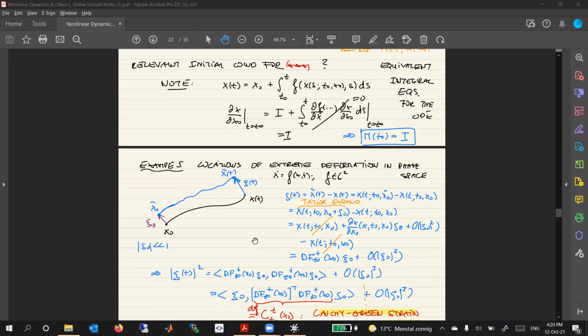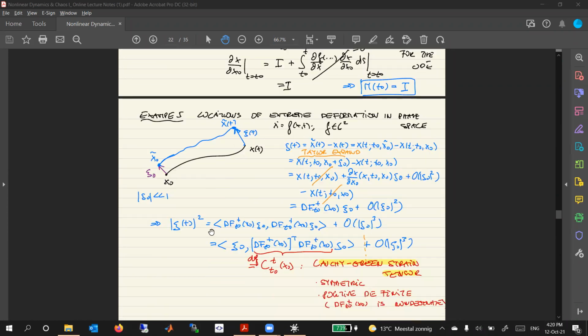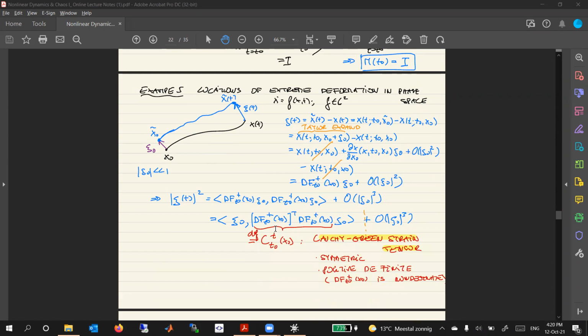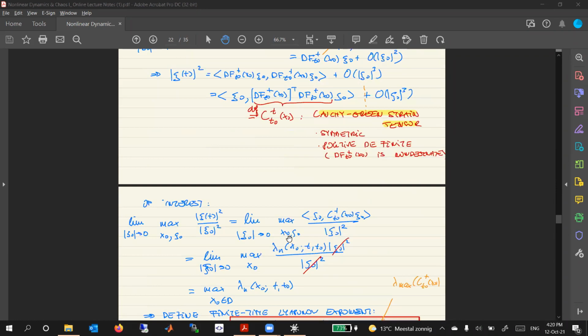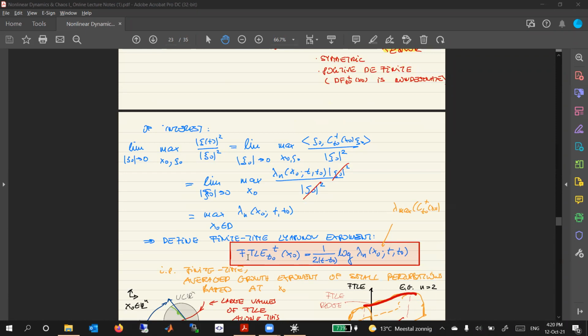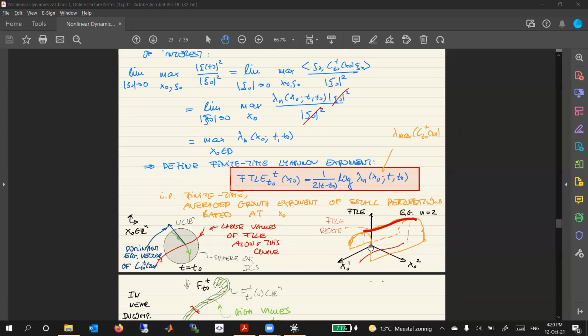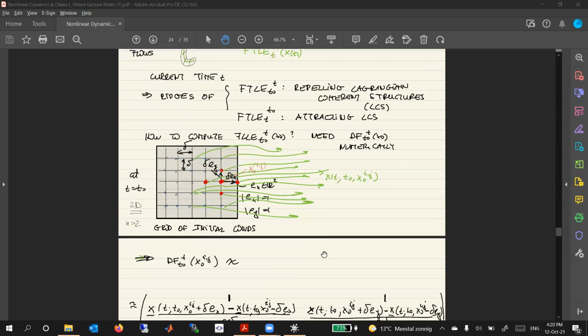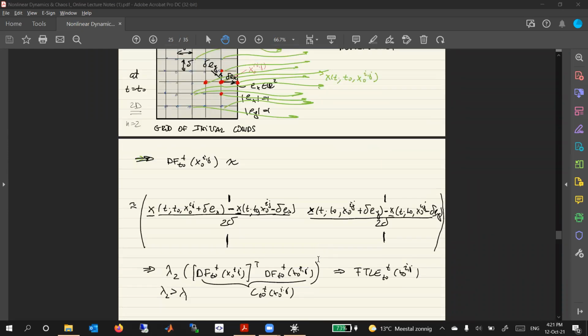So this also gave us the chance to locally analyze areas in phase space which are sensitive to initial conditions, and this led to the development of the notion of deformation gradient and the associated Cauchy-Green strain tensors, whose eigenvalues were giving us the FTLE, the finite time Lyapunov exponent, and its ridges were telling us basically the areas which are very sensitive in phase space, and they're prone to separate along these ridges. The solutions or initial conditions are aligned along these ridges, right?